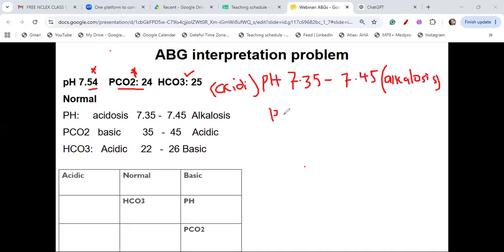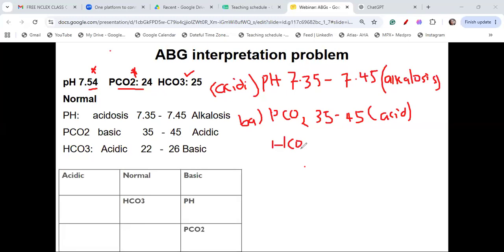Next, you have the PCO2, between 35 to 45. I said anything that matches your pH is a problem. When it's more than that, it's acidic. When it's less than that, it's basic. And then you have the bicarbonates. Remember, if CO2 is the one that matches, then the issue is respiratory.